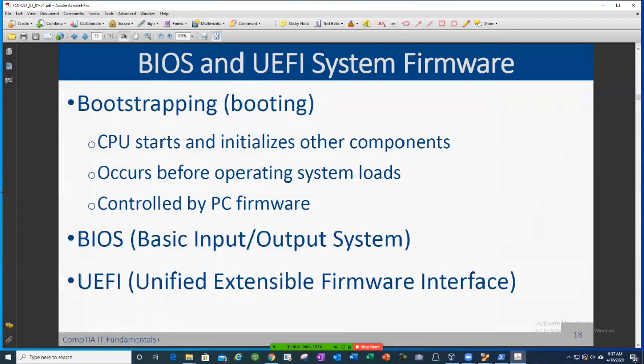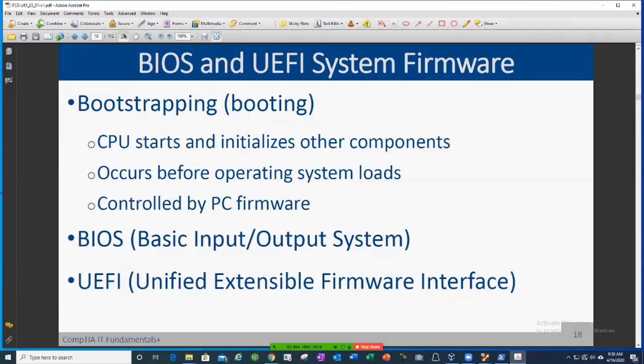Now let's talk about the BIOS and the UEFI system firmware. It's basically two types. This is lower level software that is on motherboards. Booting a computer is referred to as bootstrapping or just booting. What happens is that the CPU starts and initializes other components.